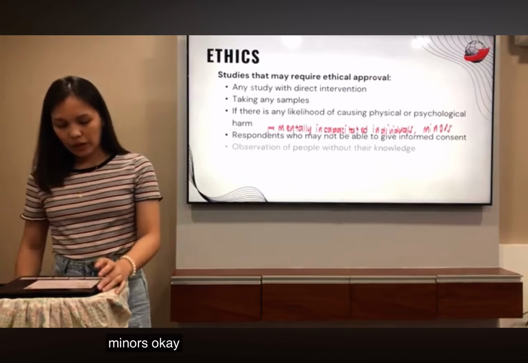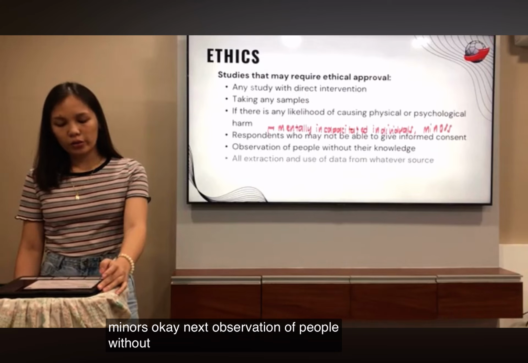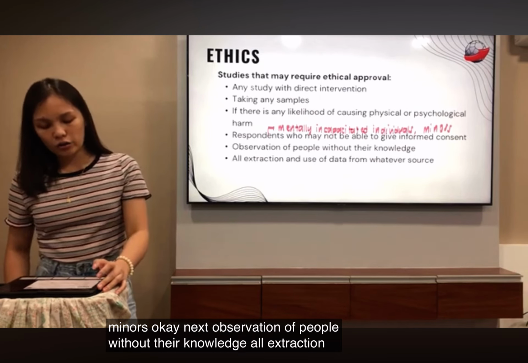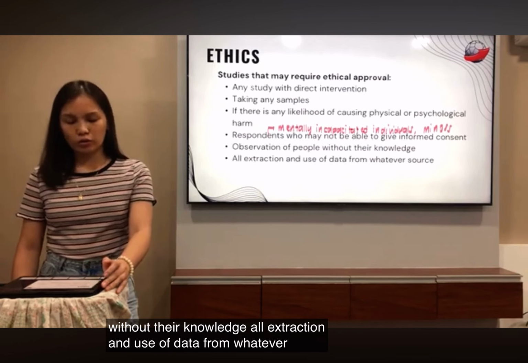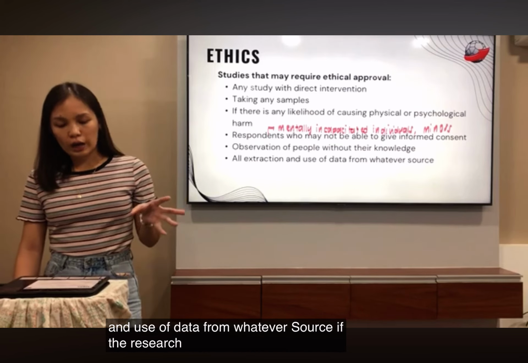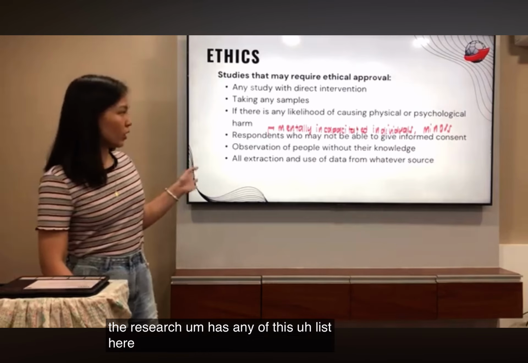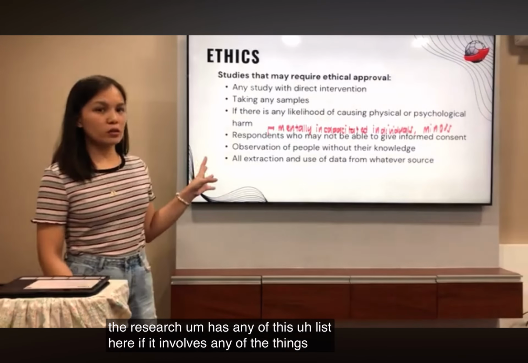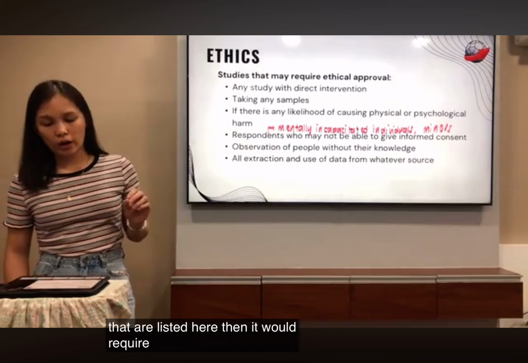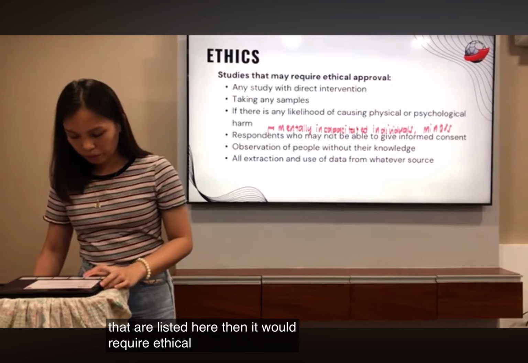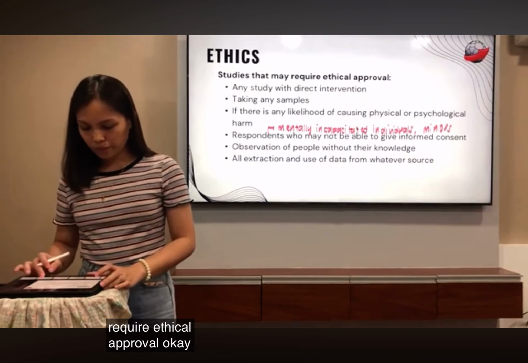Okay. Next, observation of people without their knowledge, and extraction and use of data from whatever source. If the research has any of this list here, if it involves any of the things that are listed here, then it would require ethical approval. Okay.